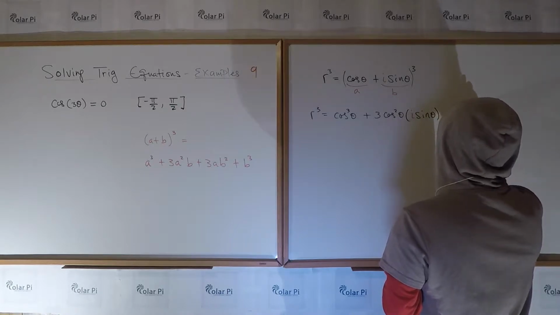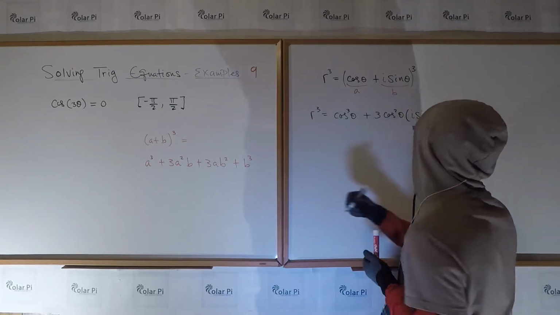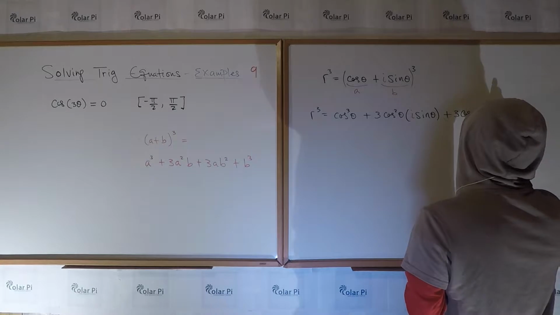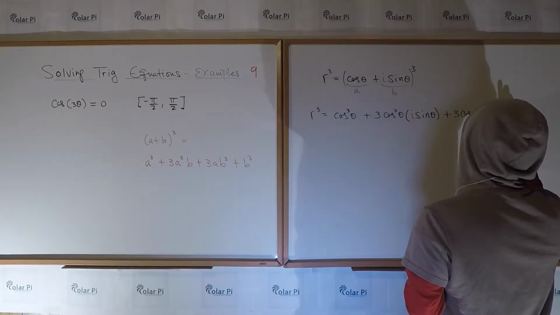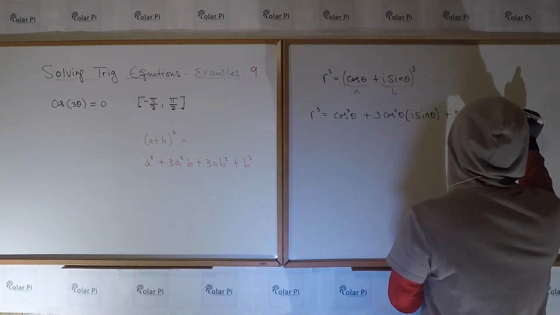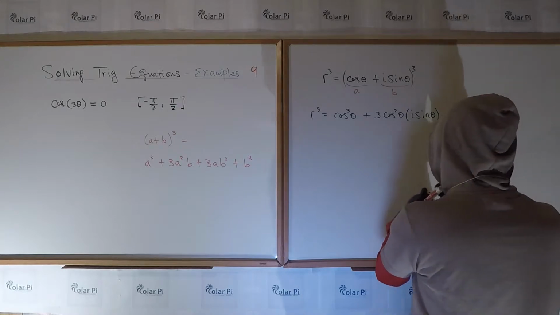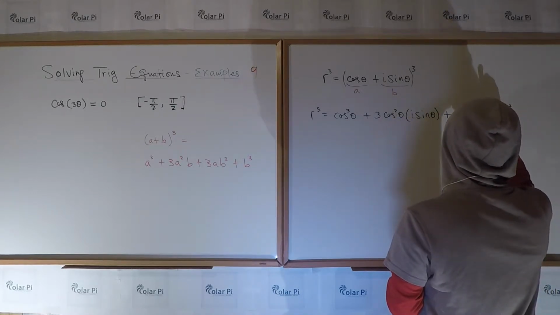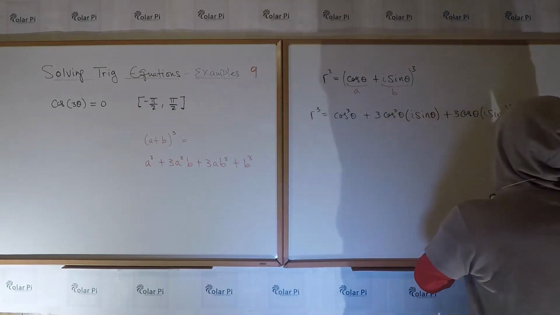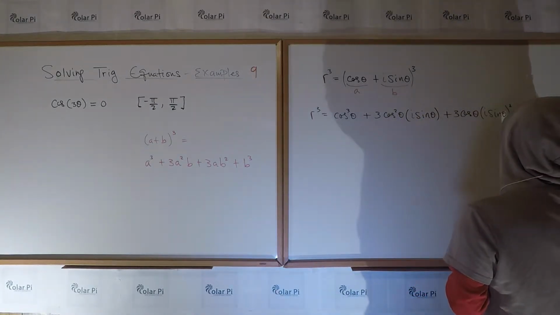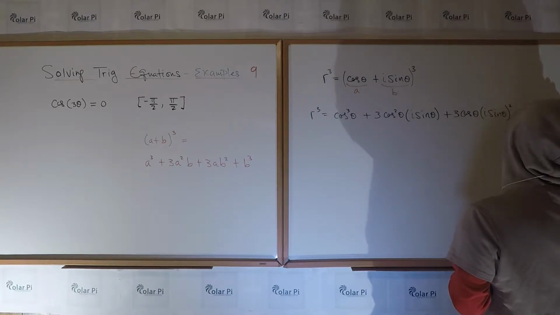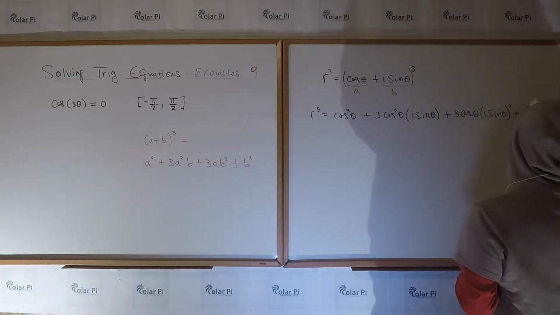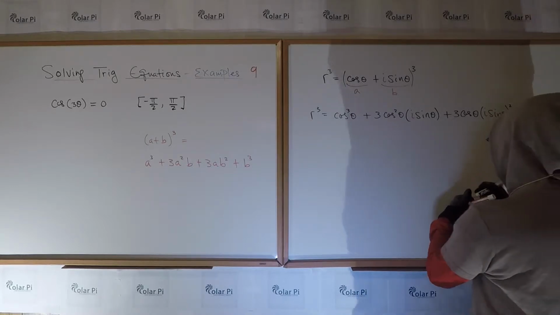Then plus 3 cos theta times i sine theta squared. And then finally plus i sine theta cubed, right?